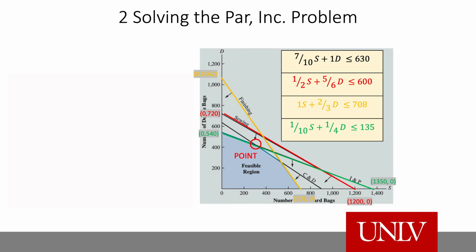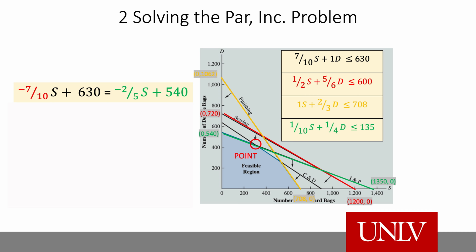So let's see an example. We can now define an objective function, which is 10S plus 9D, and a contour to be the set of points that yields a fixed value of the objective function. Let's see this point, where negative 7/10 S plus 630 equals negative 2/5 S plus 540.